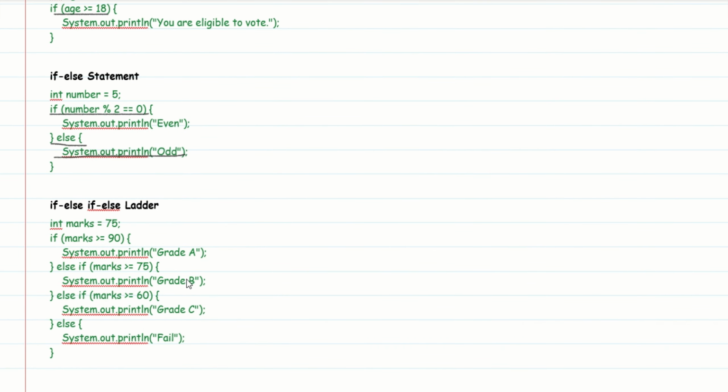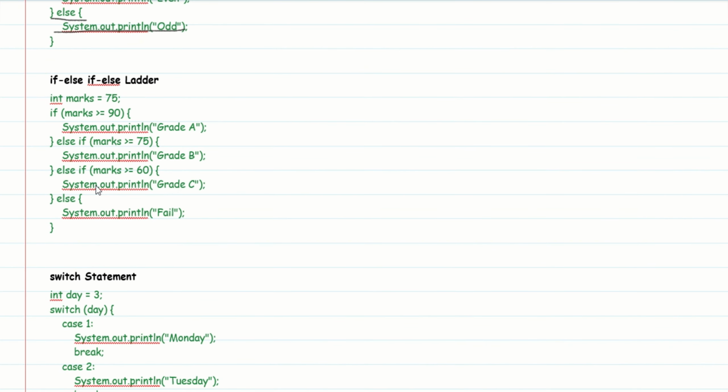Then we have the if else ladder. It is a combination of both: we have if, then another statement, else if. You can have multiple else if statements, and at the end you can have an else also. Here I'm passing the input as int marks. I'm checking whether the provided value is greater than or equal to 90.